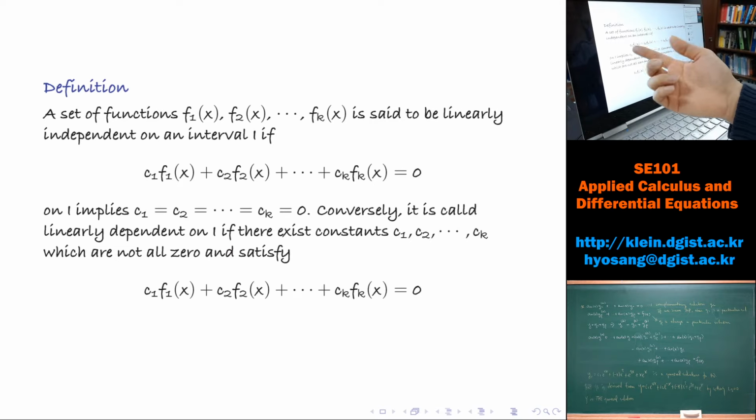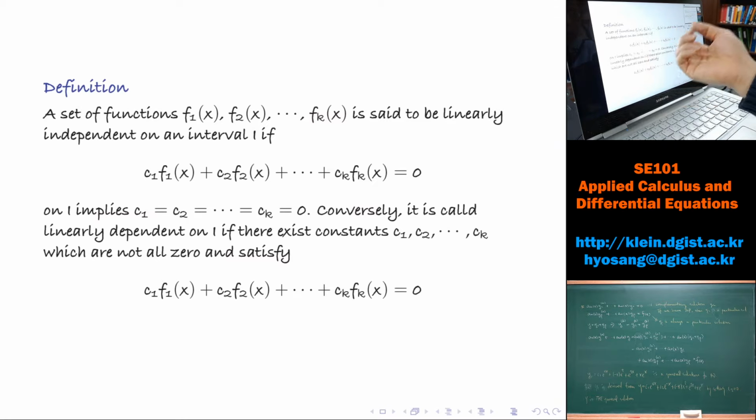If we set at least one of the constants C1 to Ck to be non-zero, then we cannot make the sum of these functions equal identically 0. So let me give an example.